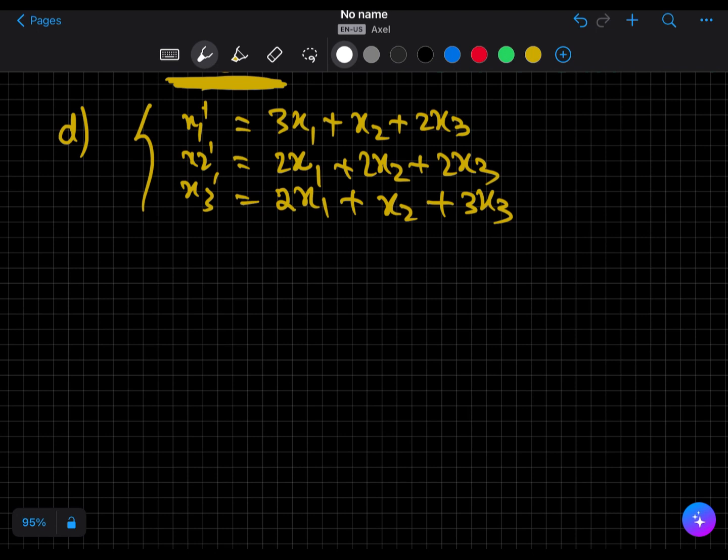Can you remember how we often solve such equations? Okay, let's have a close look.